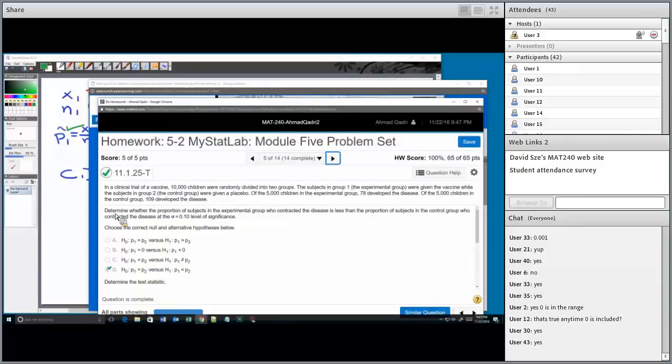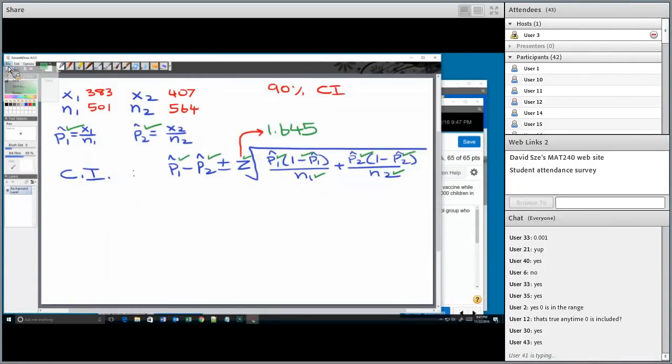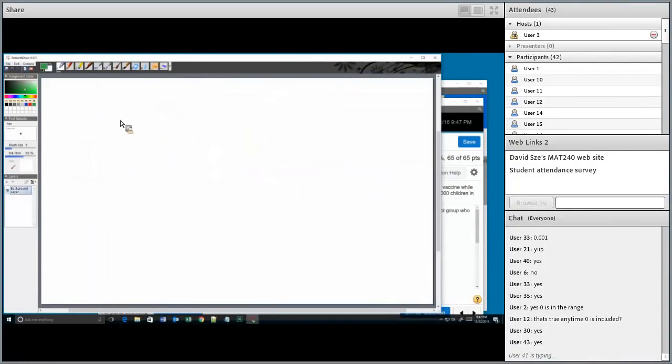It says determine whether the proportion of subjects in the experimental group who contracted the disease is less than the proportion in the control group. So this is the experimental group and this is the control group.